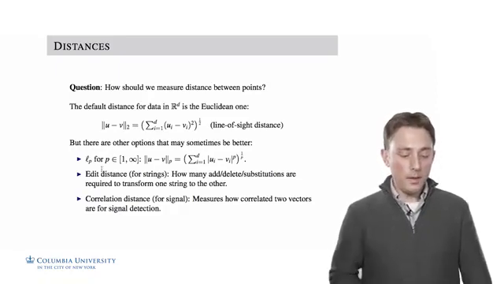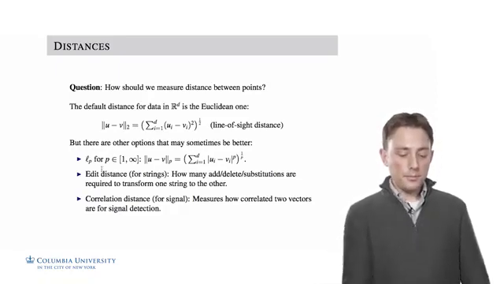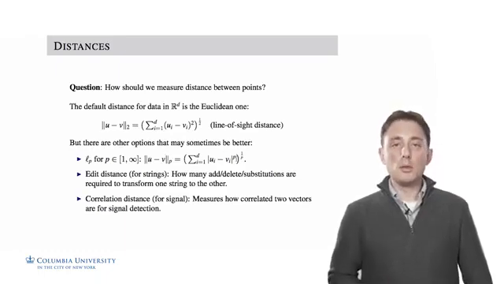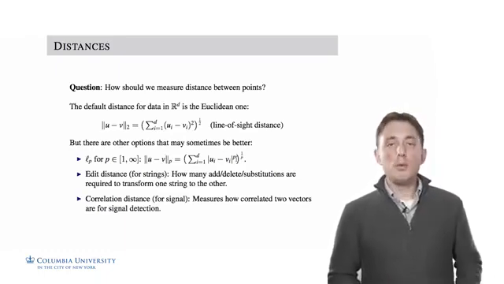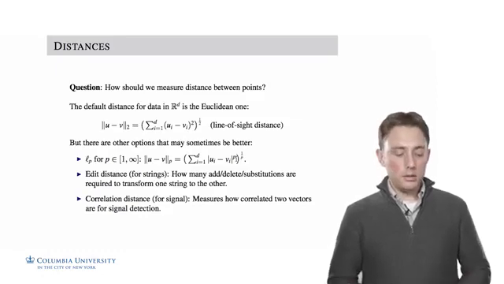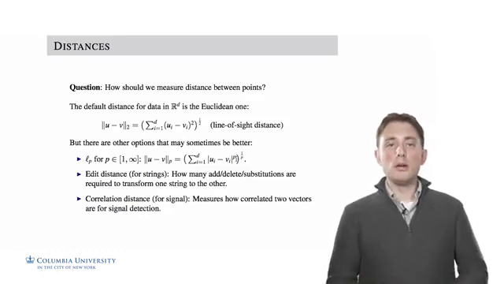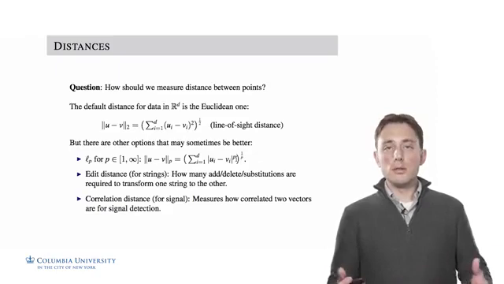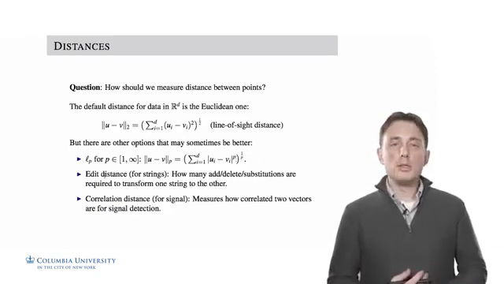So for example, for L^p distances, the L^p distance between the vector u and v is simply equal to this. Maybe we don't have vectors in R^d. Maybe our inputs are strings, like a word, for example. So another distance we could use is the edit distance.